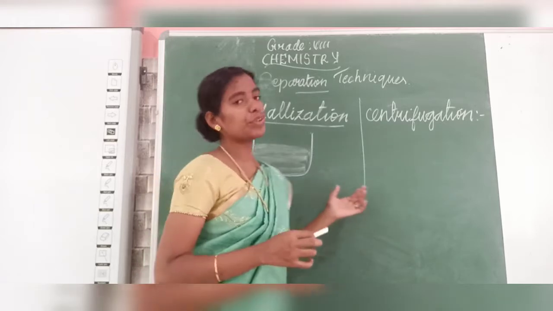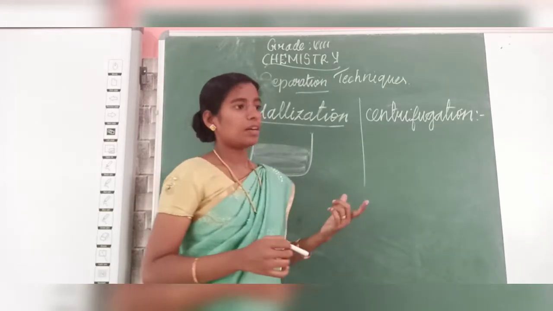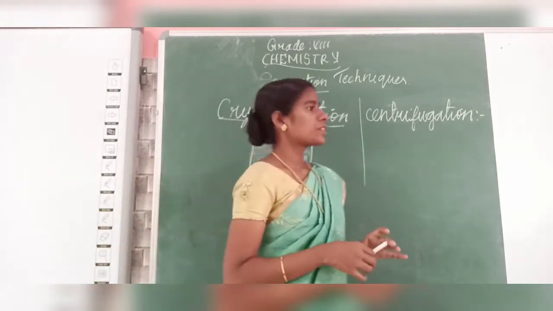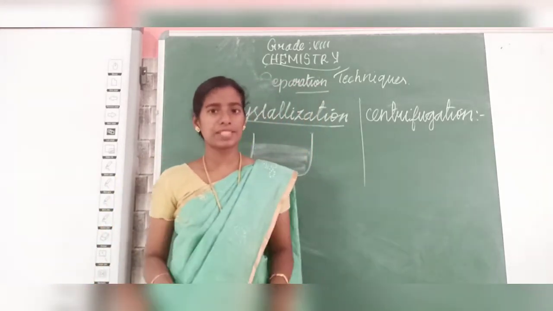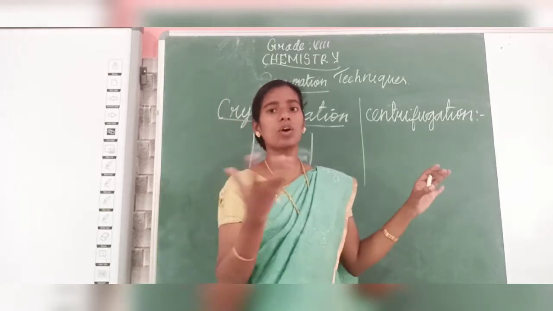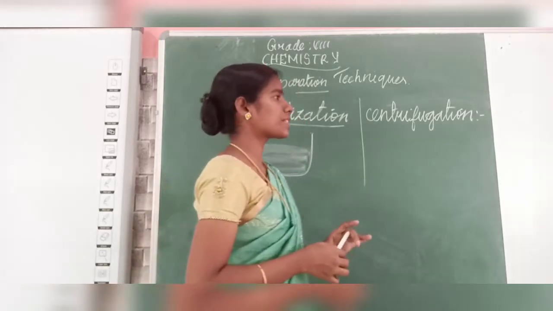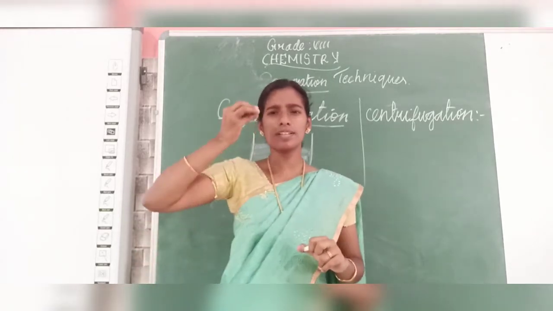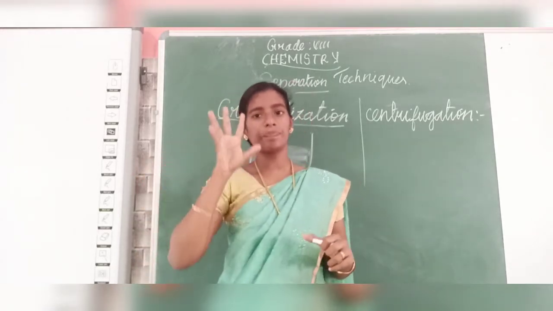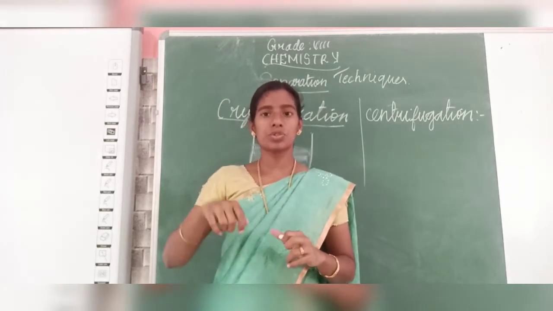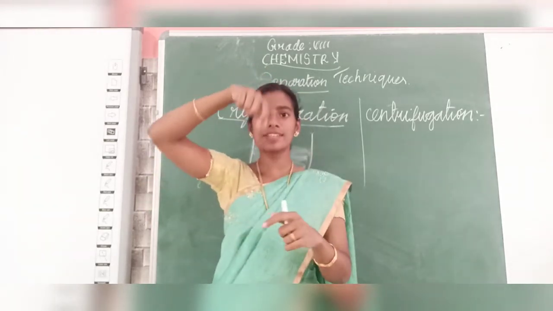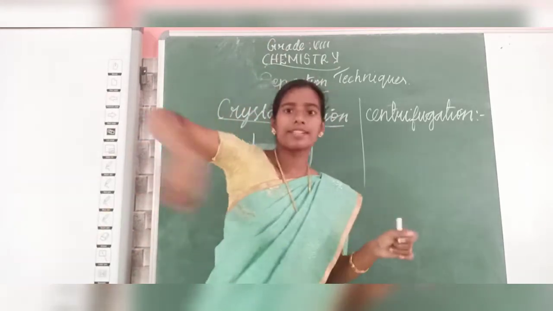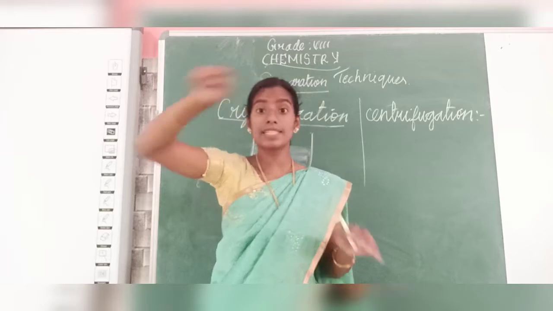Then about centrifugation. What is centrifugation? Centrifugation follows a principle and is carried out in an apparatus called a centrifuge. Consider small suspended particles in some liquid. You just tie that bottle and rotate it like this in a fast manner.